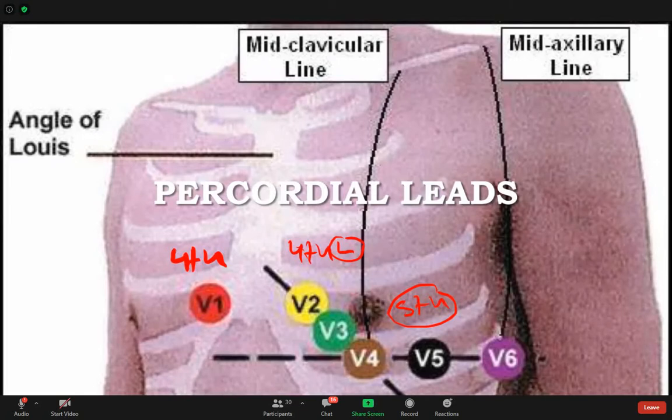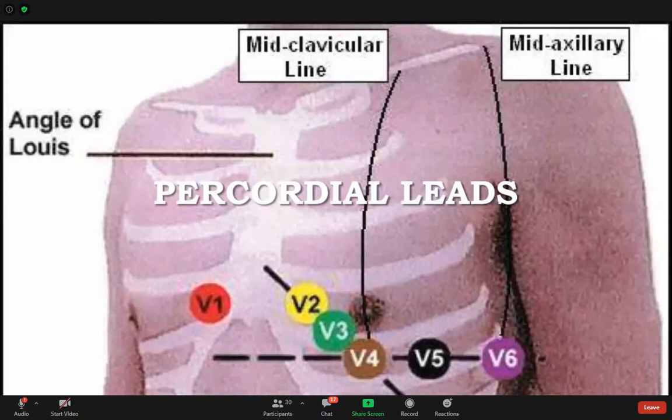Yeah, I want somebody to come and talk. Open the mic and talk. وش السؤال؟ السؤال how are you going to attach electrodes to have a full ECG?